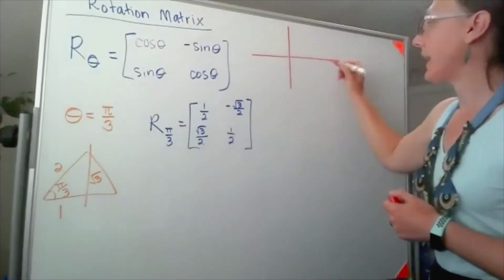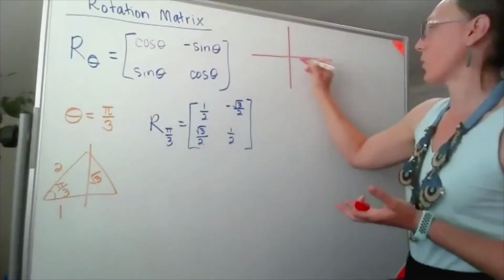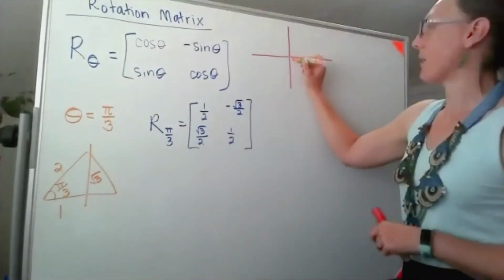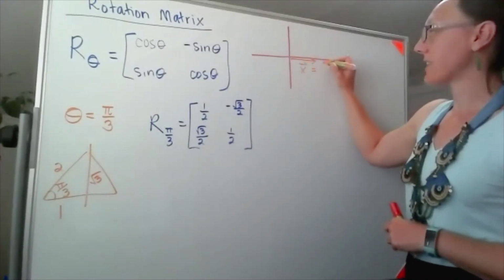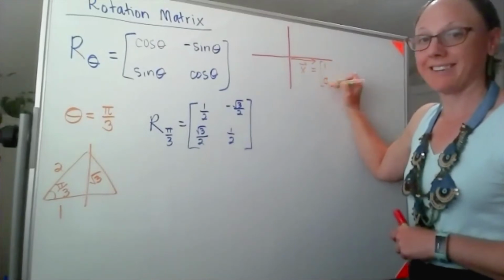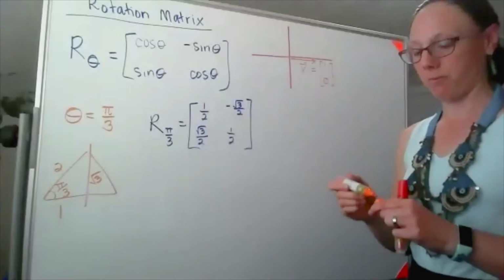So if I start with a vector that I know where it is, in particular, I'm going to choose this vector that points, this time, along the x-axis. If I call that the vector x, then that points 1 to the right, but it does not point up or down. So that's going to be my column vector 1, 0.